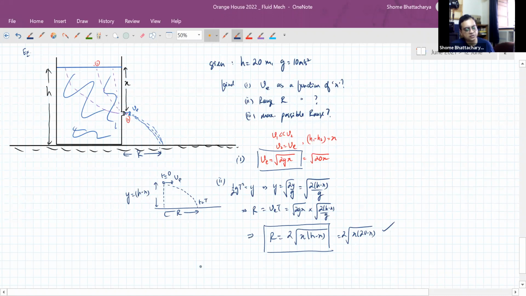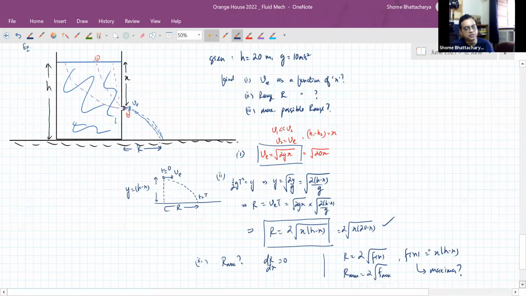And then the third part, for the maximum value of range, put dr by dx equal to 0. But you can also do it like this: range is equal to 2 times the square root of some function of x, where that function of x is very simple. So maximum range will be 2 times this. We need to maximize this function.